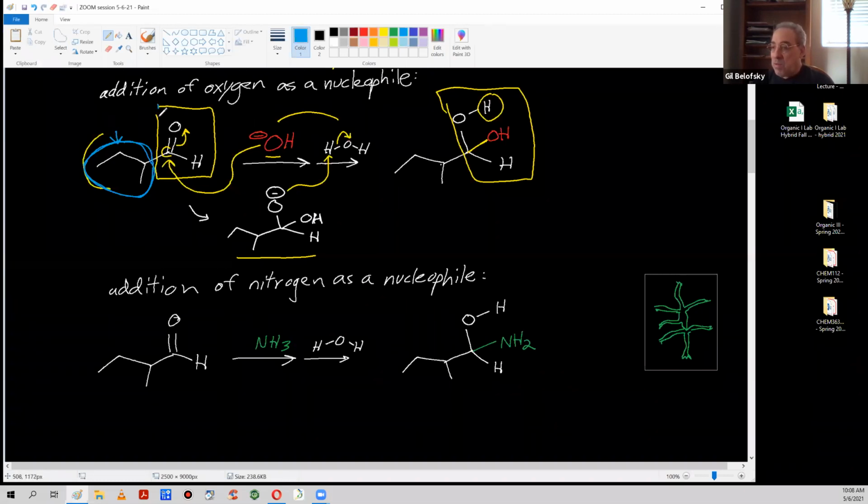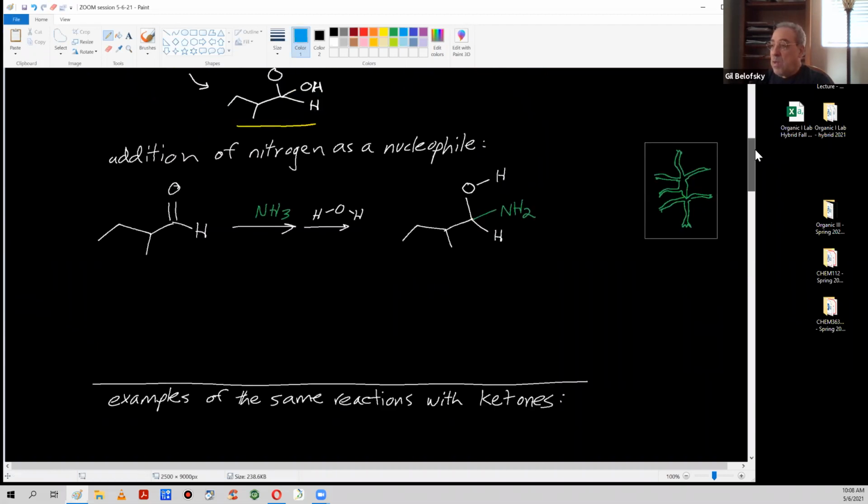But you can certainly remember the components. You see the aldehyde here. You see it turns into, the aldehyde's gone, and you've got two OH groups on there instead, if you add an OH nucleophile.